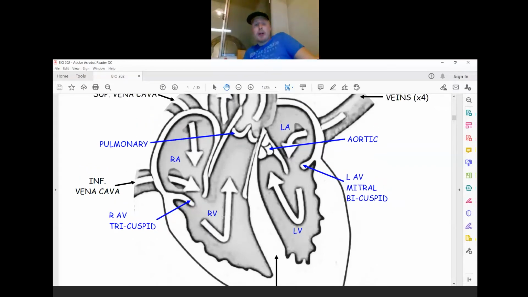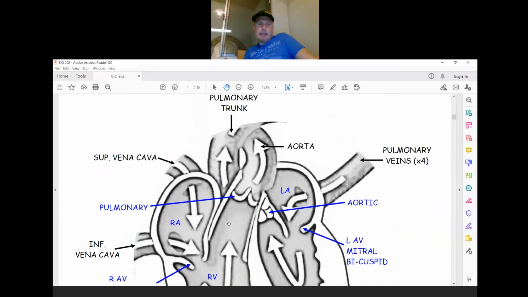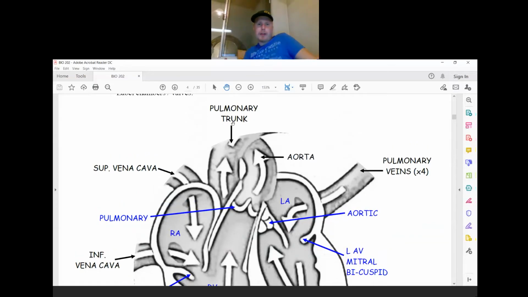What else should we know? Well, once the deoxygenated blood has pooled in the right ventricle, it heads to the pulmonary trunk. I have the labels here wrong way around for the aorta and pulmonary trunk, so you might want to make a note of that. I'm going to change them on the review sheets, but notice that these are wrong way around.